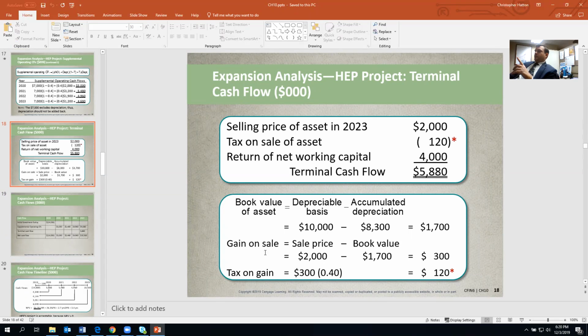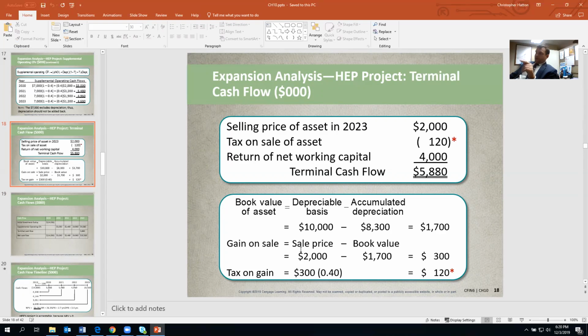So that's right. When you're doing a salvage, you always take the difference between your salvage price and the book value. And then you can only be taxed on the difference there. So book value of an asset is your depreciable base minus your accumulated depreciation. So that we did in the previous two slides.